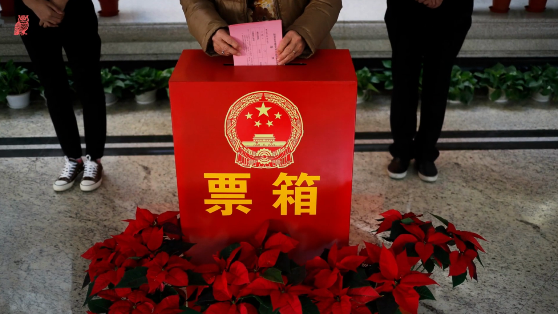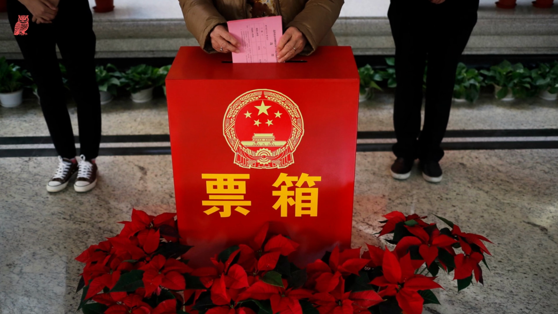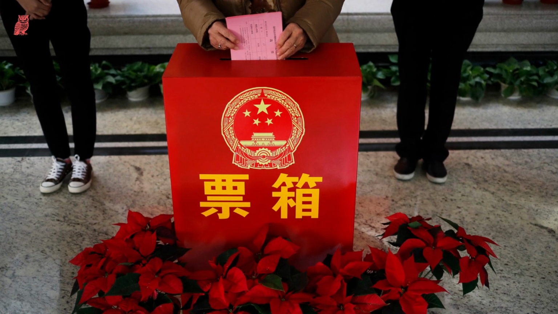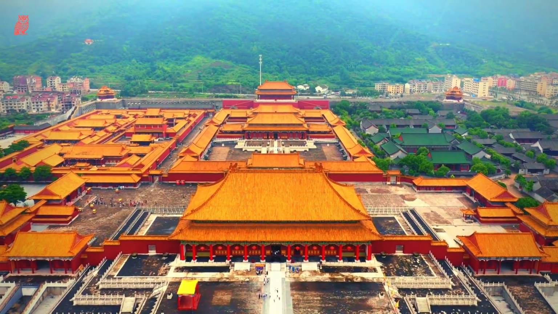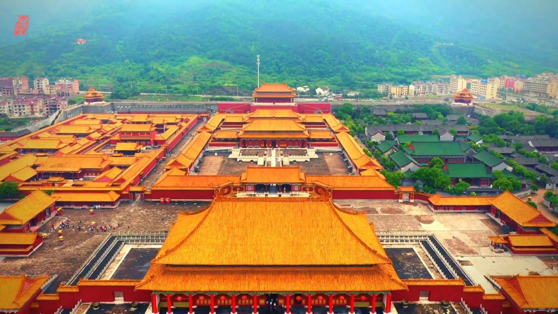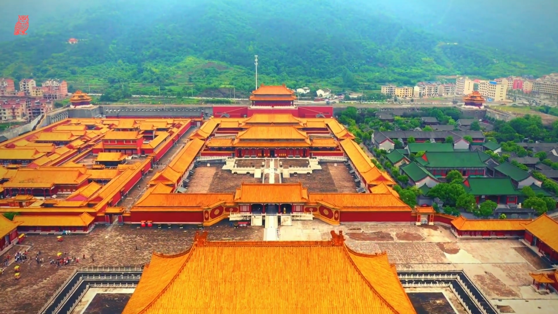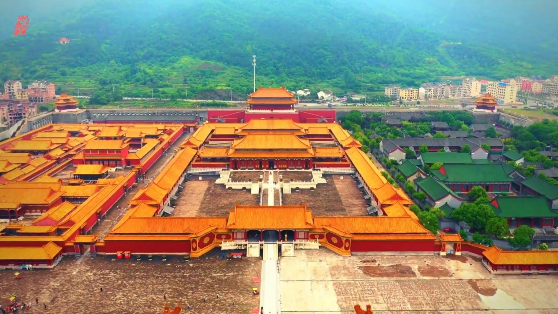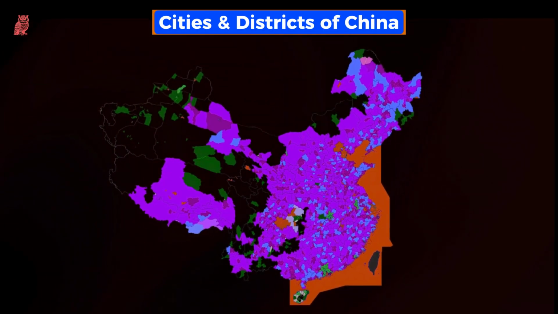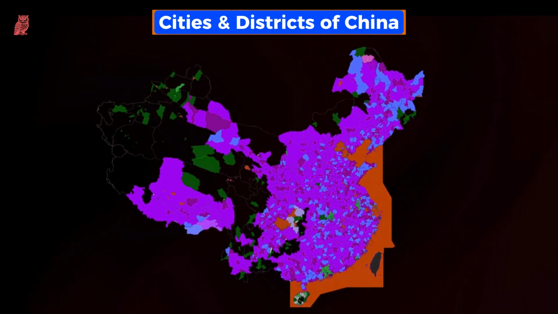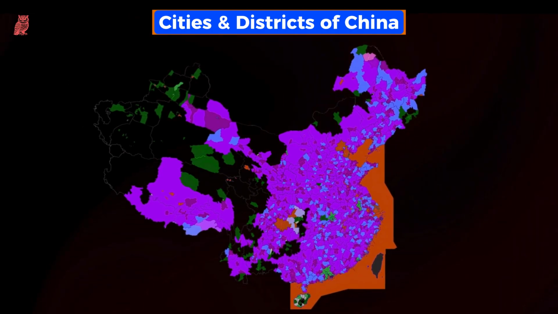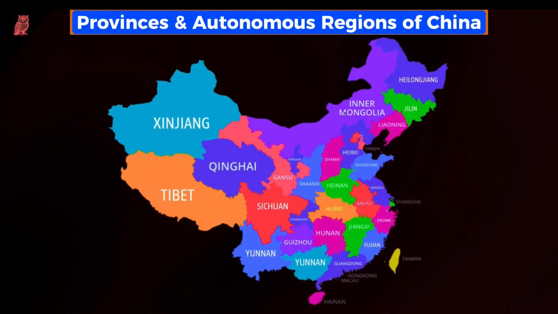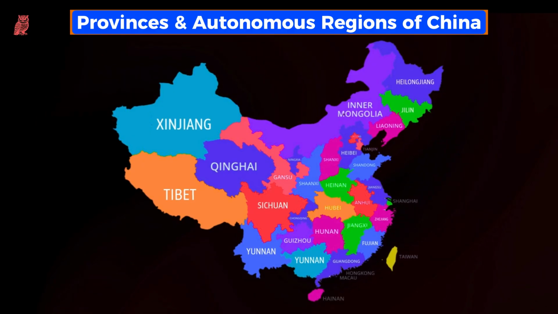To understand how NPC members are chosen, let's first look at China's electoral system. China operates a multi-tiered system of people's congresses, from the local village or township level all the way up to the national level. At the lowest level are the village and town congresses, followed by small city congresses, district-level congresses, provincial congresses, and finally, the National People's Congress.